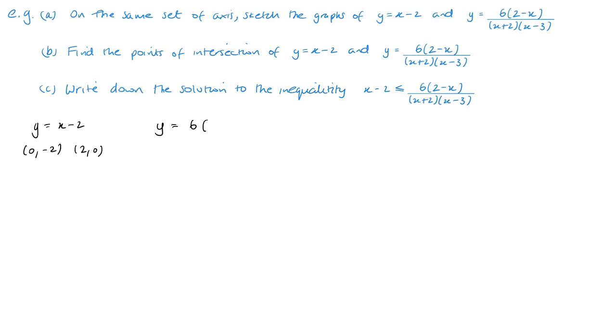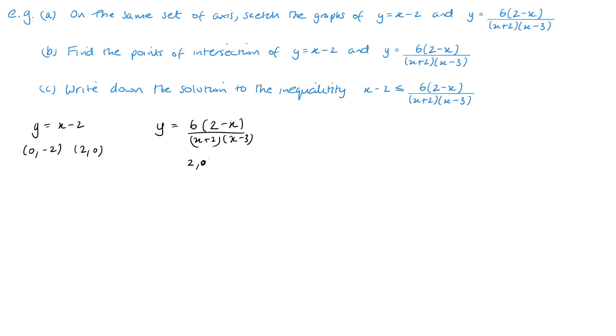So 6, 2 minus x over x plus 2, x minus 3. We know when x is 2, this is 0, the top of the fraction is 0, so the whole thing is 0.